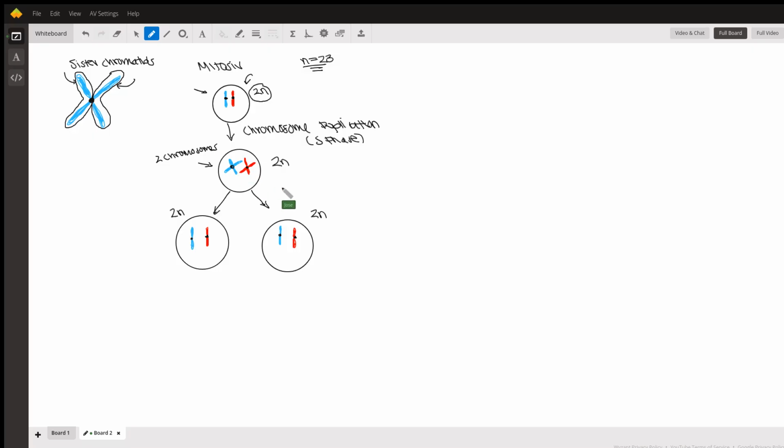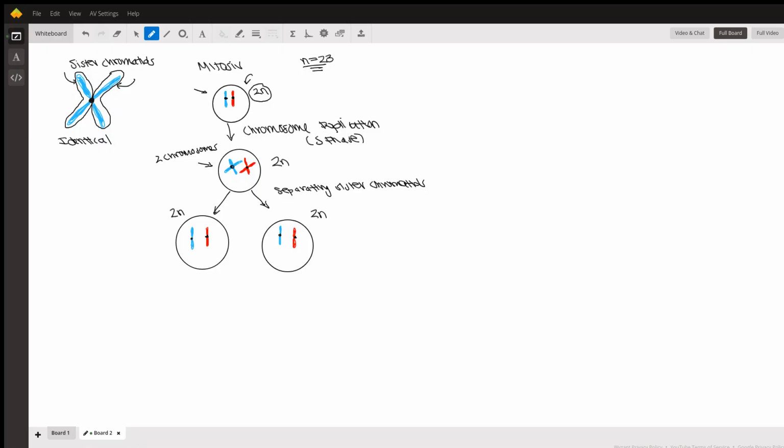And then in this process right here, I am separating the sister chromatids. After I've duplicated them, I'm going to separate the sister chromatids. Over on the left side, I've drawn a zoomed in photo of a duplicated chromosome, and I've circled the 2 sister chromatids. These now are identical. Homologous chromosomes are similar, sister chromatids are identical.